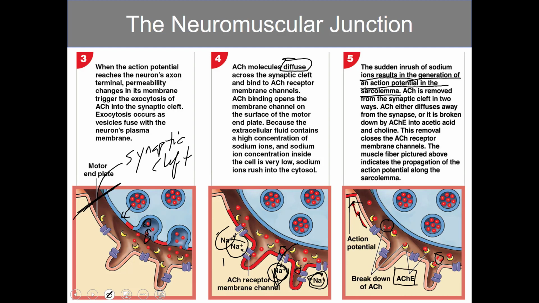And acetylcholine esterase is going to return everything back to start, everything back to normal. It gets rid of all the acetylcholine in the cleft. New acetylcholine molecules are in the vesicles, and this system is ready to fire again.